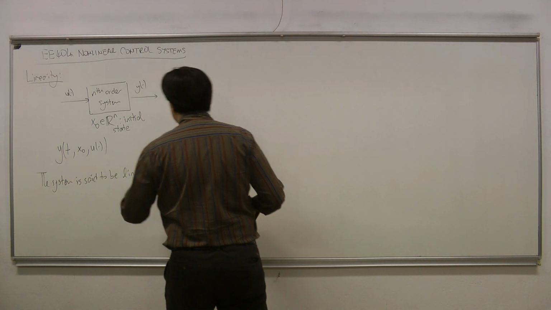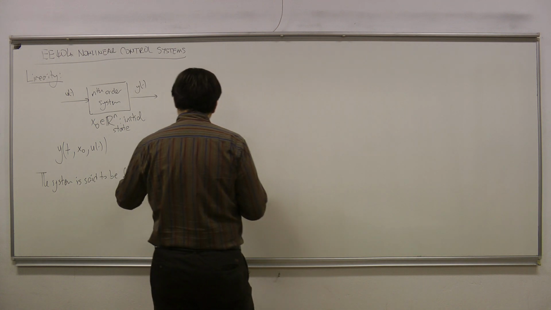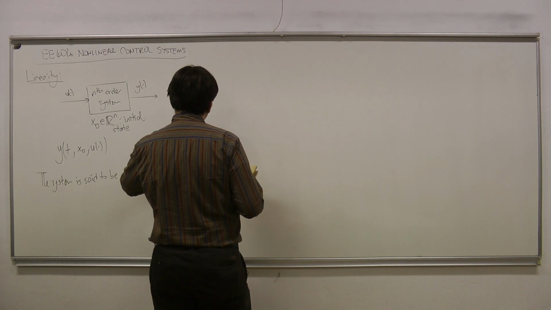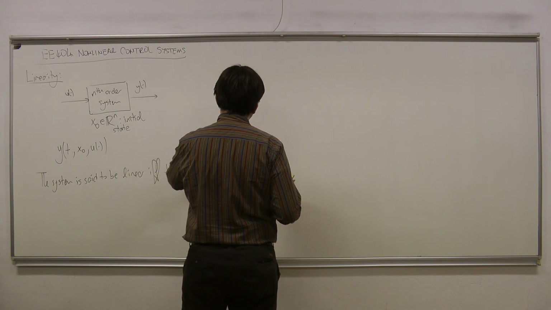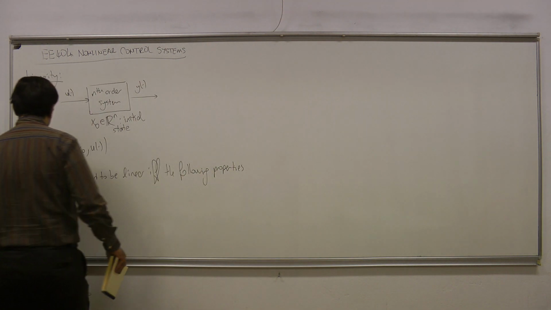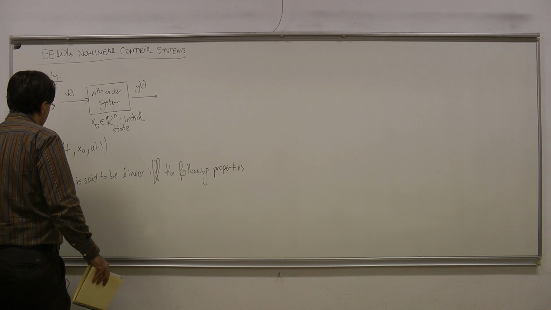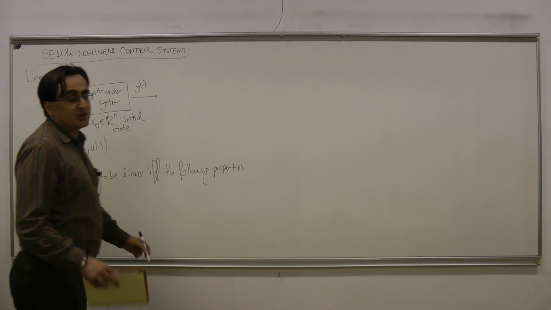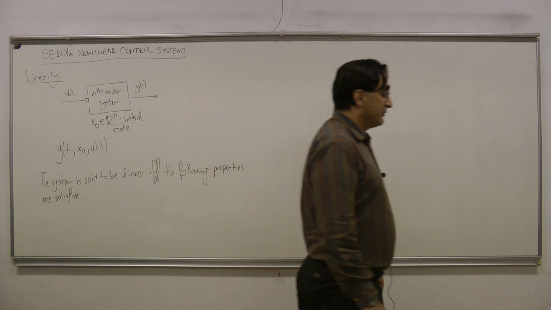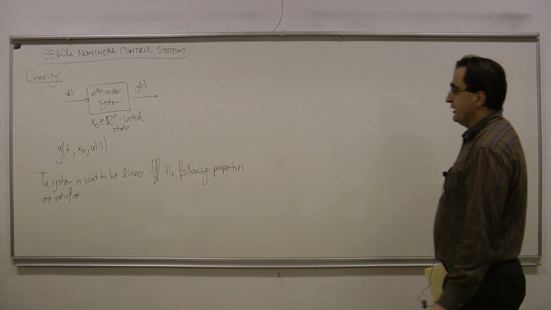So the system is said to be linear if and only if the following properties are satisfied. There are three properties that need to be satisfied for a system to be linear.